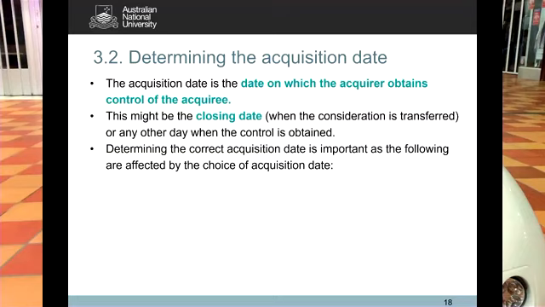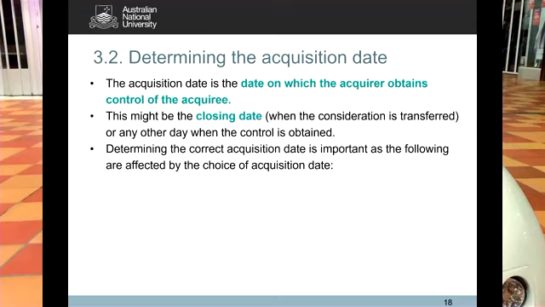And also, during the acquisition, there could be another date, like they have a major development in their discussion, negotiation, but those days will not be the acquisition date until the acquirer obtains the control of the acquiree.